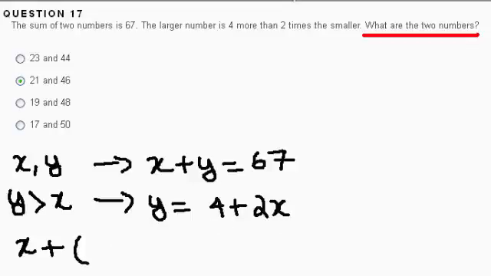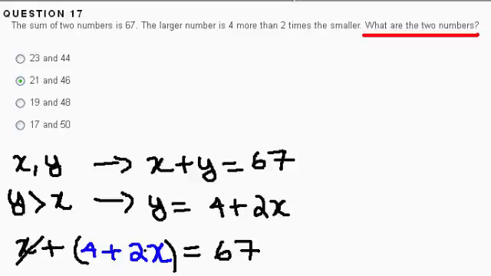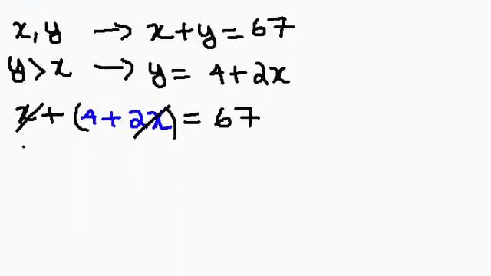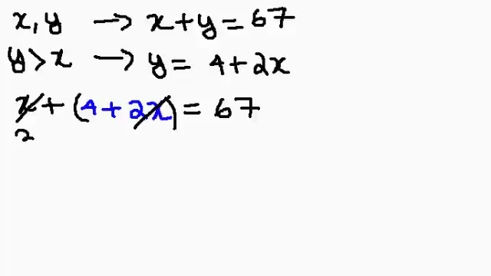I'll change colors here to make that a little bit more clear. So our y now becomes 4 plus 2x, and this is equal to 67. Now we can go ahead and calculate this through. So we can take our x over here, add it to our 2x over here, and that just equals 3x. And we add that to 4, which is simply equal to 67.